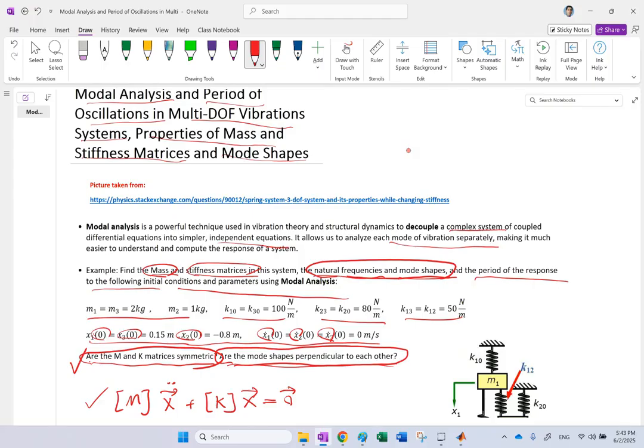The next step is, now give me the solution. So here I want x1 of t, I want x2 of t, and I want x3 of t in the system. Tell me what are these solutions versus time if these initial conditions are given in the system.